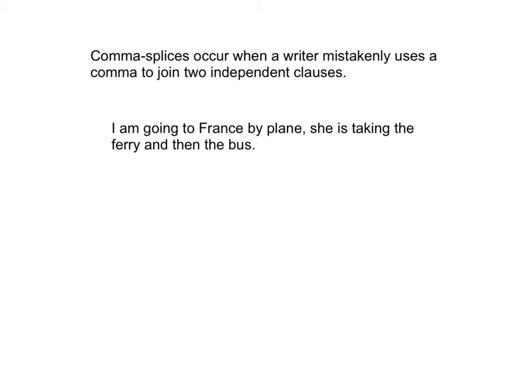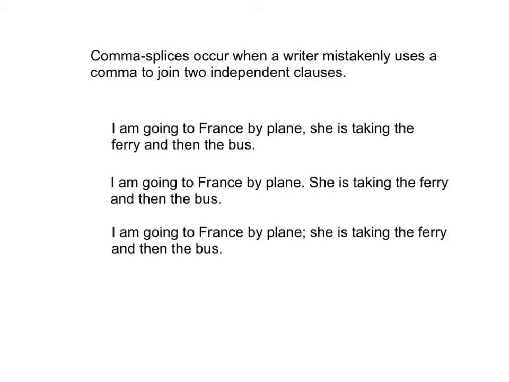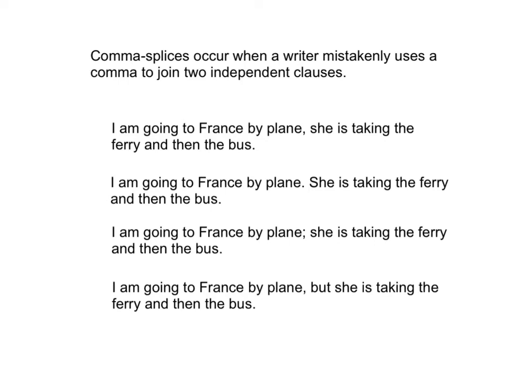We can solve the problem of comma splices in a number of ways. We could split the two clauses into two simple sentences by means of a period. Or we can connect the two independent clauses correctly with a piece of punctuation, in this case the semicolon. Or we could connect the two independent clauses with a comma and a coordinate conjunction.